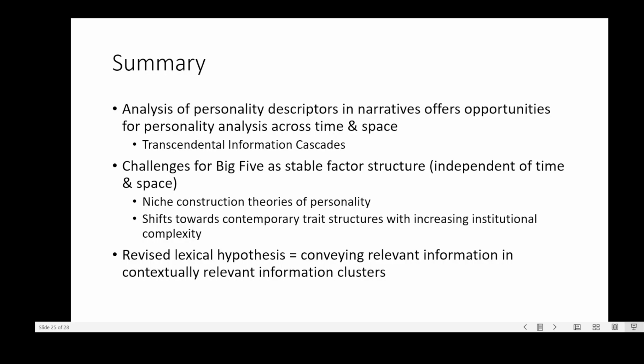And this is also consistent with the kind of shifts that we see towards more contemporary trait structures with increasing institutional complexity over the 2000-year period that this epic was in circulation.